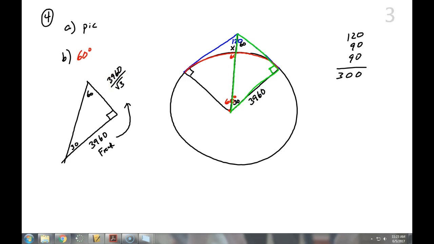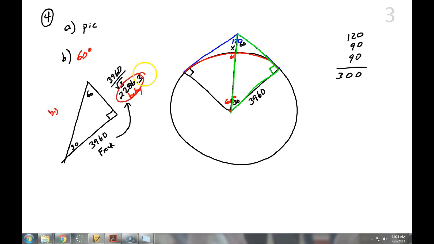So I'm going to do 3960 divided by the square root of 3, and that comes out to be 2286.3. Now I have a really nice relationship, because if the baby is 2286.3, the big side over here is double that.